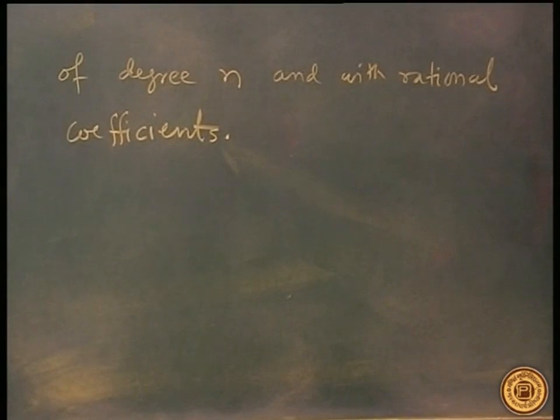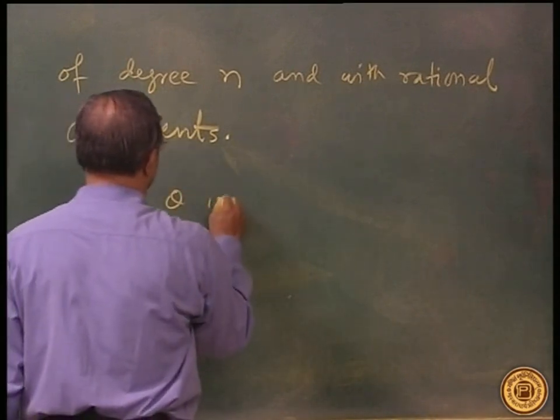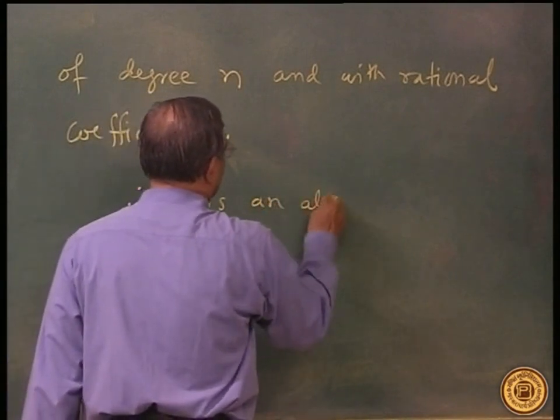So, this polynomial is satisfied by theta, and it means that theta is an algebraic number. Therefore, theta is an algebraic number.